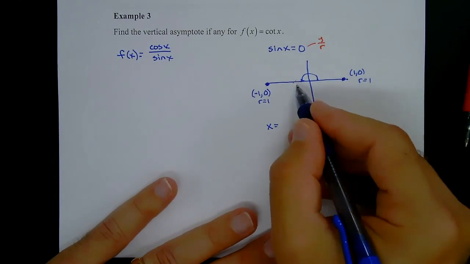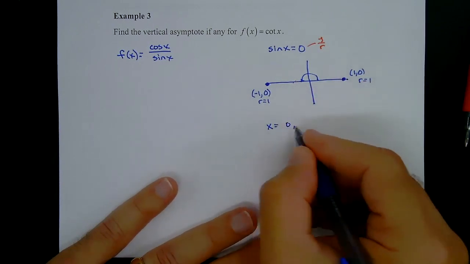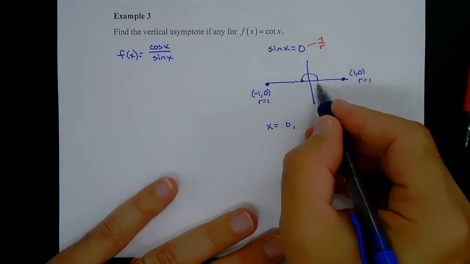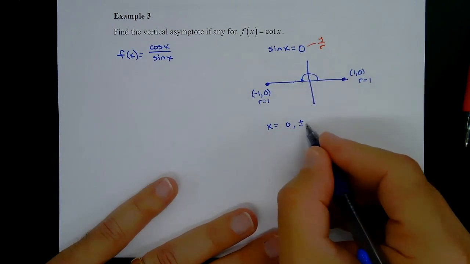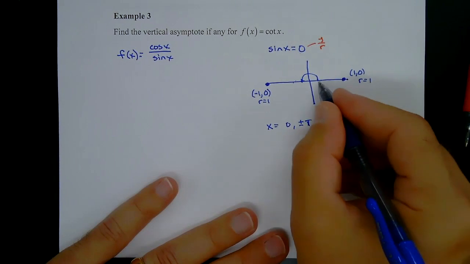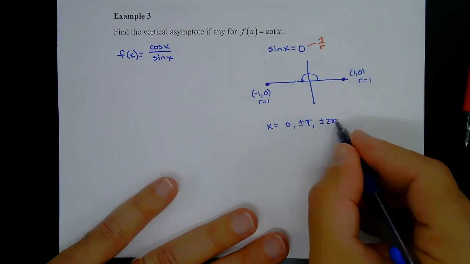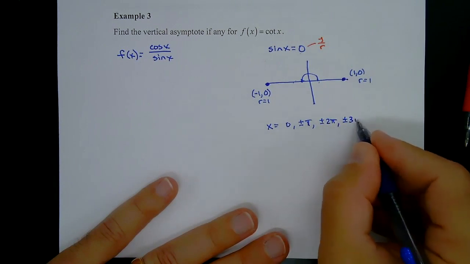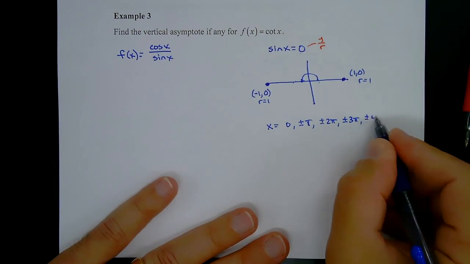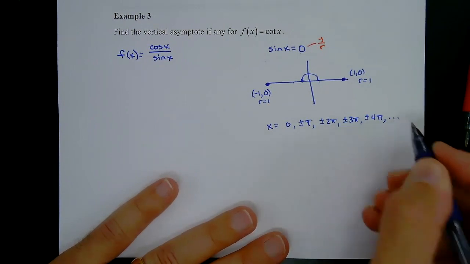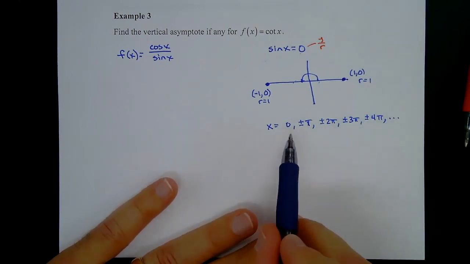Well, that'd be negative pi. So we could have 0 plus or minus pi. We could go all the way to here this way, or we could go this way, right? So that'd be plus or minus 2 pi, plus or minus 3 pi, plus or minus 4 pi, and so on, okay?